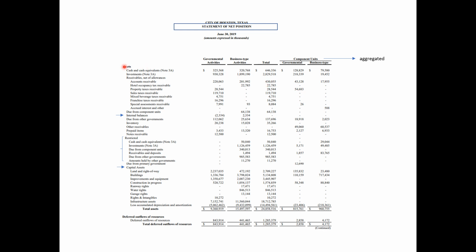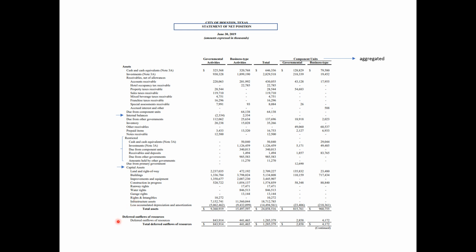Let's talk about rows, and we start with assets, listed by their liquidity. So short-term assets, current assets and non-current assets, right? And also we're going to see capital assets.